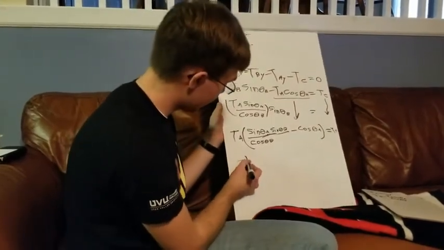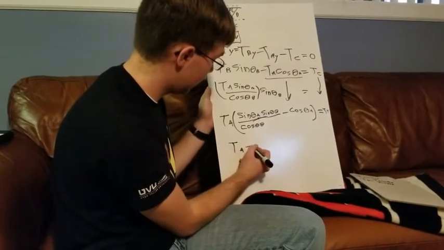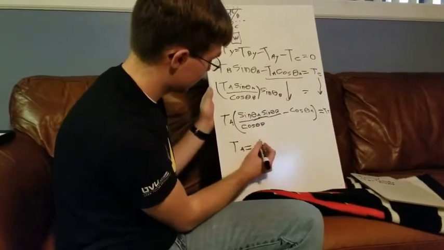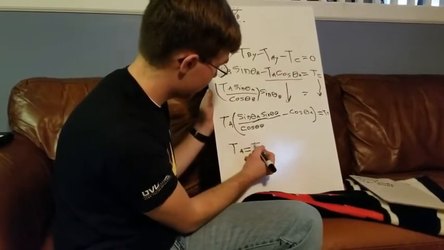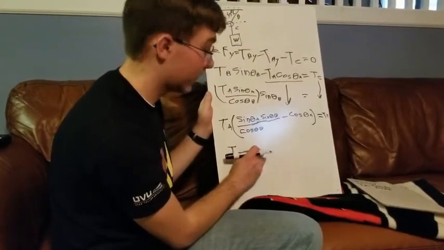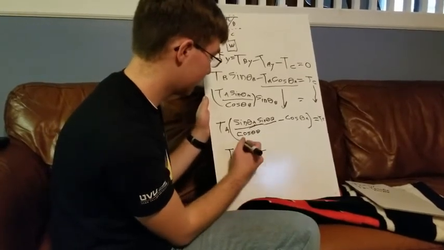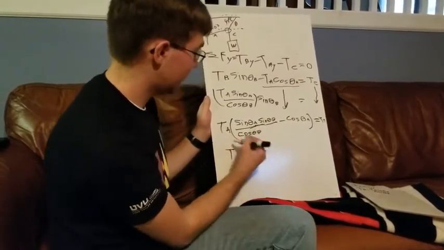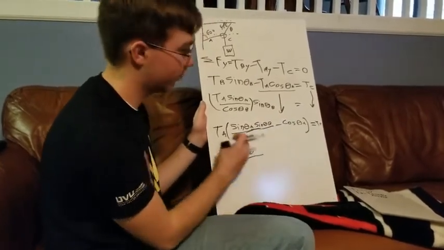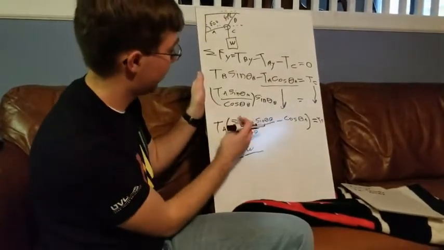So tension A equals tension C, which, by the way, tension C is found earlier, is W over, and as I put this under here, I'm going to plug in the angles.